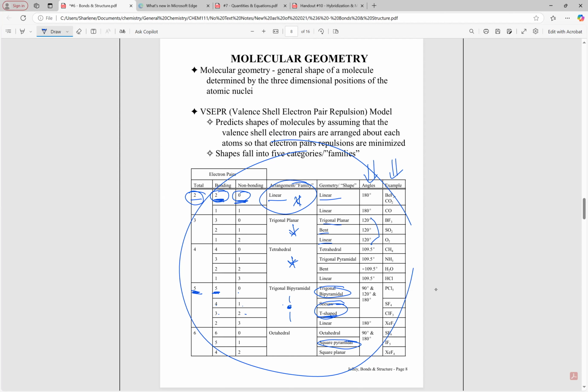So you have to talk about, are we talking about the skirt, again that's a jolly term, or are we talking about the poles? And so we have different angles. This one has 90, 120, and 180. And the family octahedral only has degrees of 90 and 180.